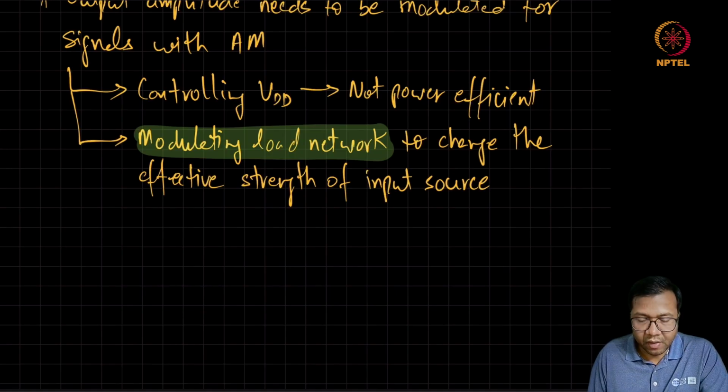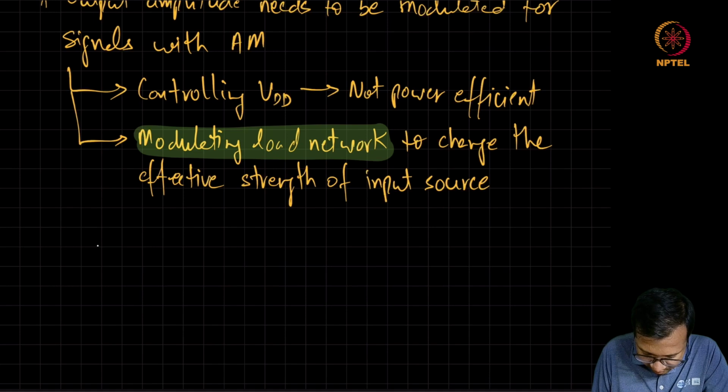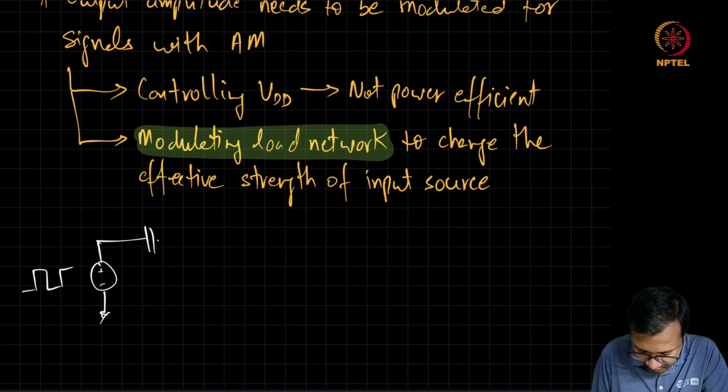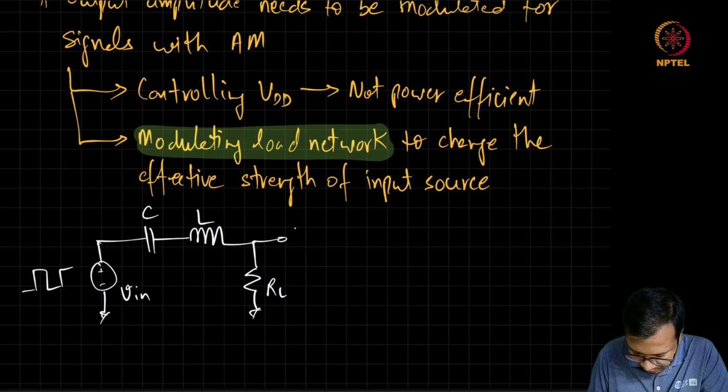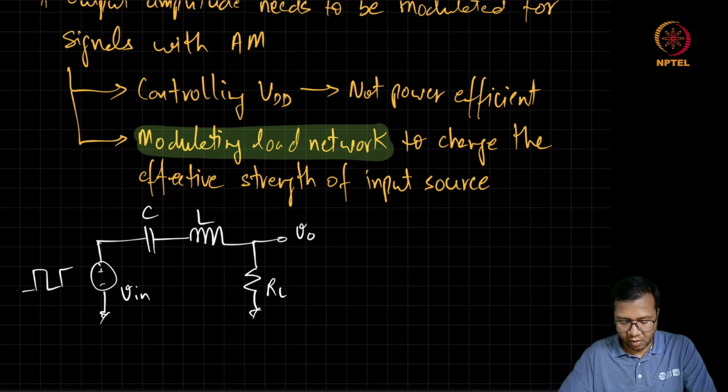If we look at our earlier circuit, we can see that it has a source, capacitor, and here is the output voltage.